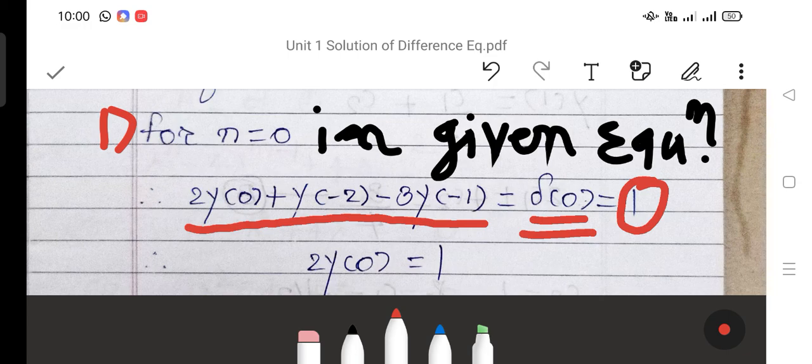y of minus 2 and y of minus 1 are the previous conditions, because the time instant is n equals 0.